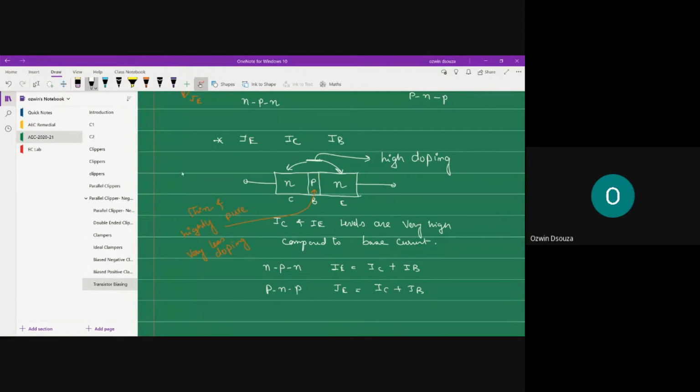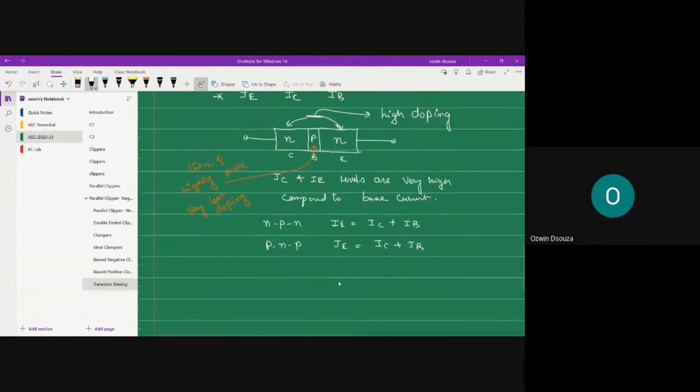So in analog electronics, the normal or usual range for emitter and collector current is in the range of milliamperes.